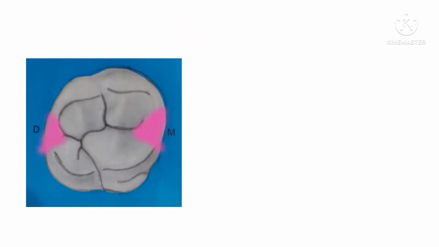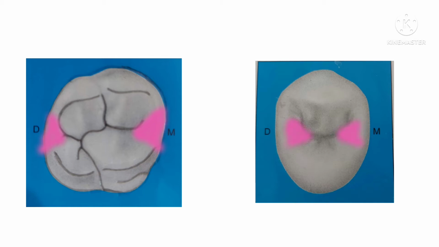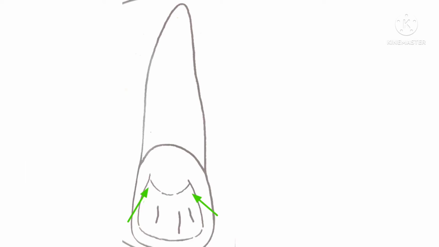Triangular fossae are found on molars and premolars on the occlusal surfaces, mesial or distal to marginal ridges. And they are sometimes found on the lingual surface of maxillary incisors at the edge of the lingual fossae, where the marginal ridges and the cingulum meet.